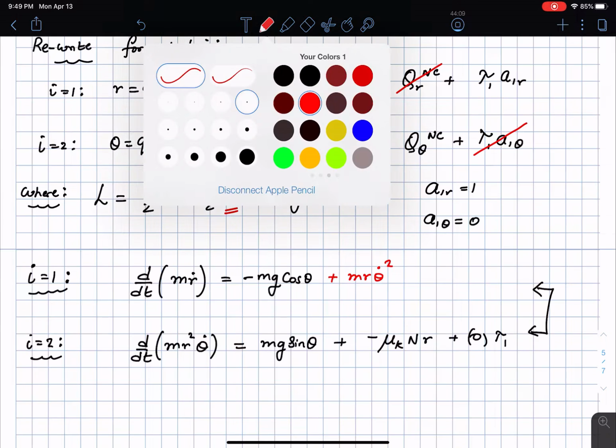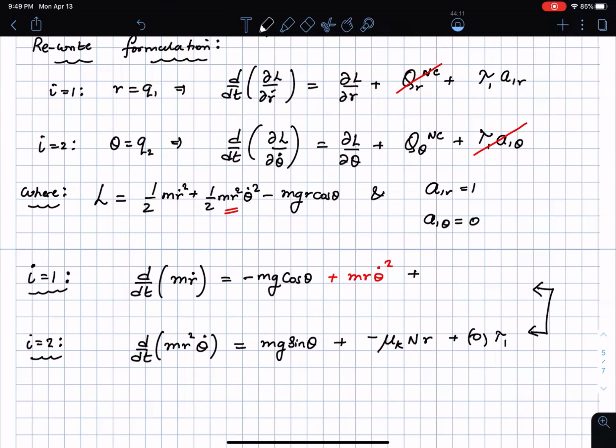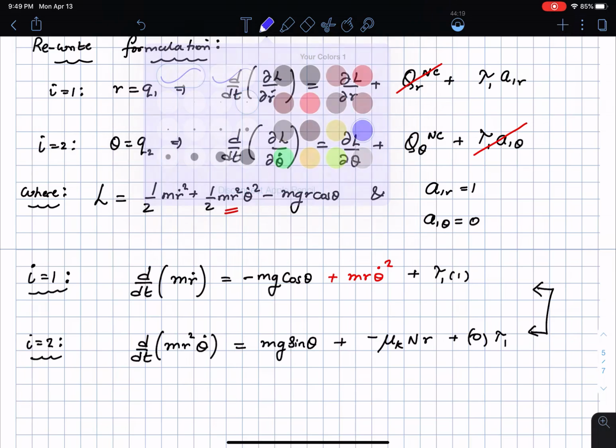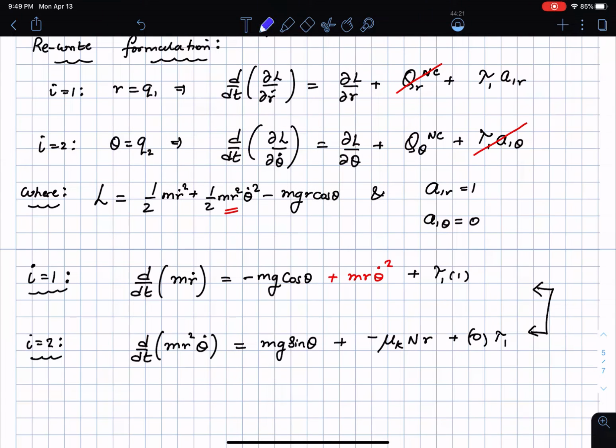Okay, and then I'm going to have plus lambda 1 times 1. Okay, that's going to be lambda 1 times 1. There was a mistake that I made here, so I just corrected that.